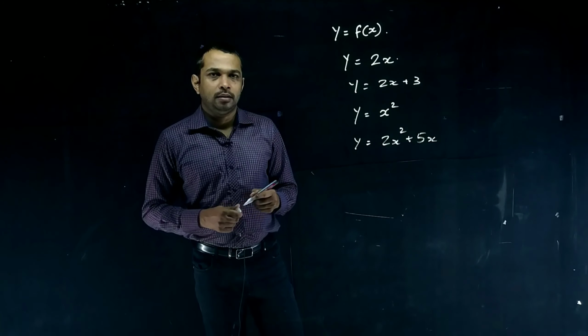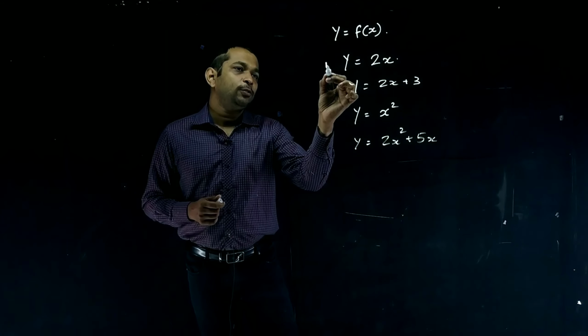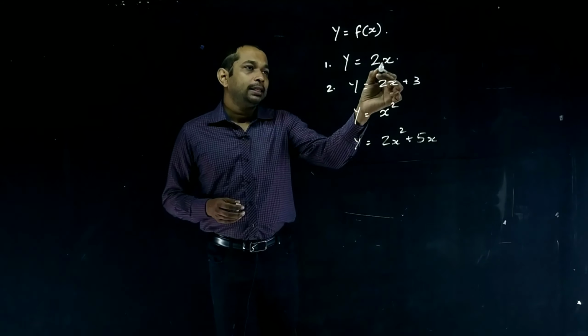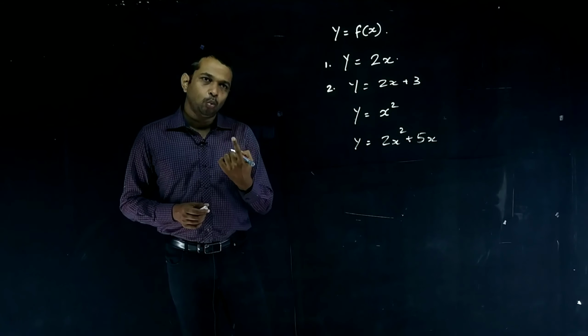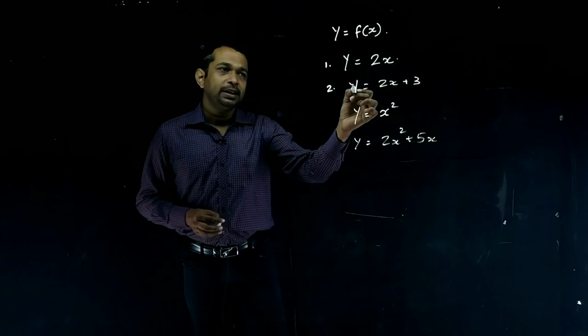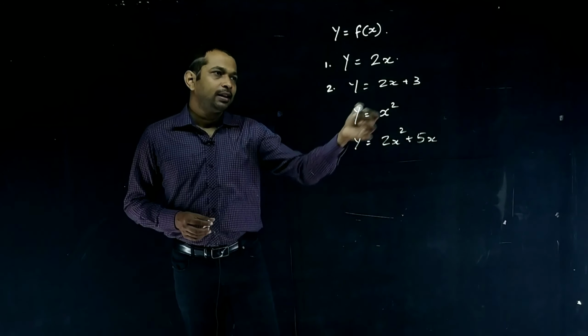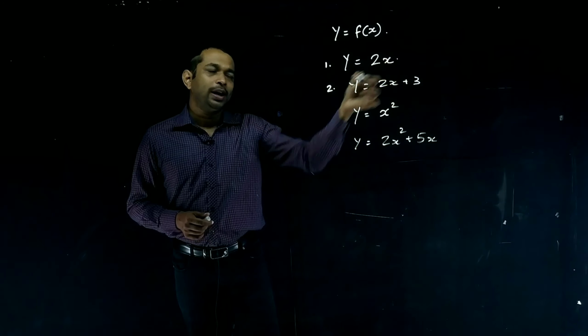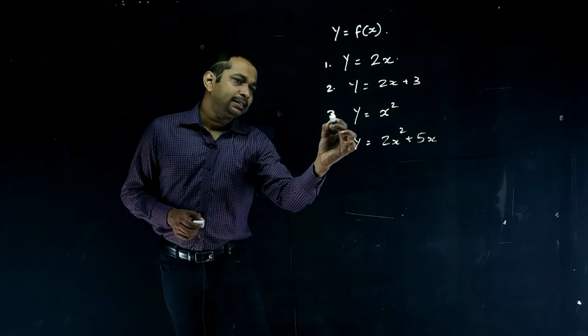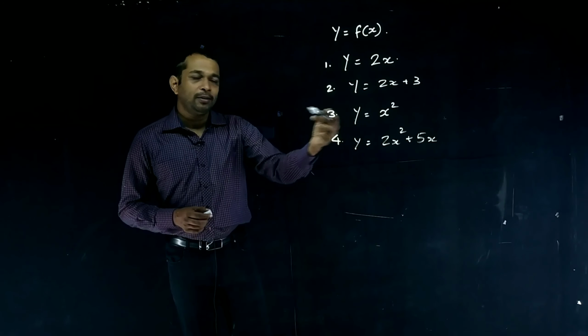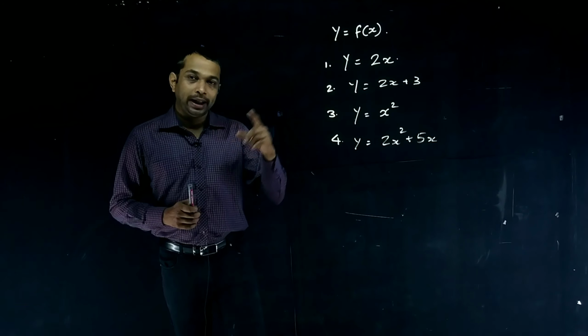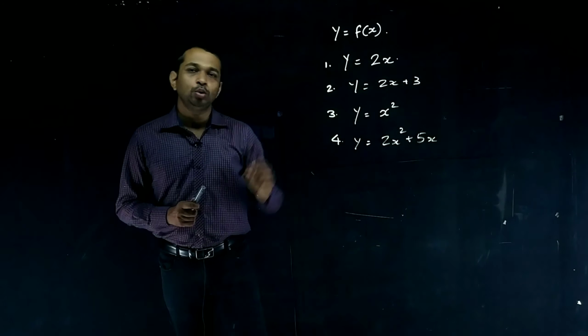Okay, so here in the first two equations the power of x is 1, right? 2x means 2 times x raised to 1, and 2x plus 3 means 2 times x raised to 1 plus 3, and in the third and the fourth the power of x is 2, as in x square. So this 2 is the power.